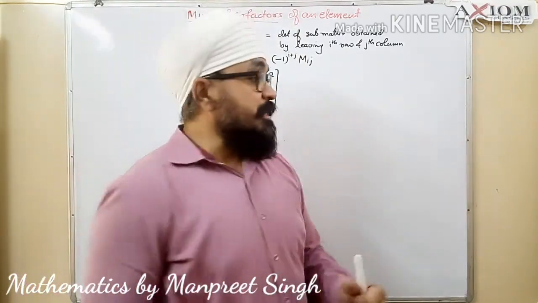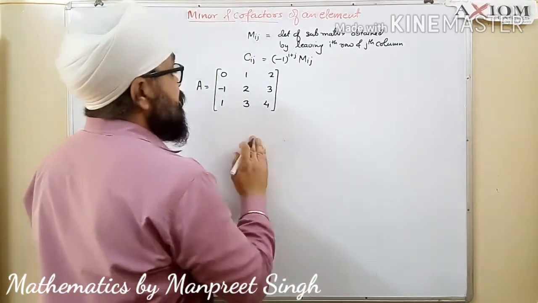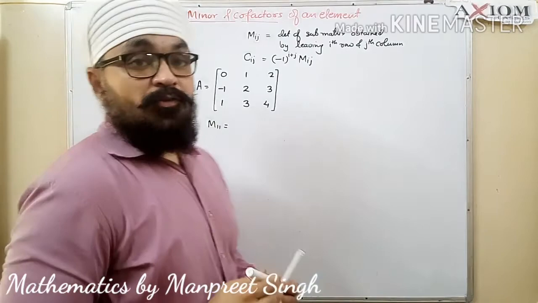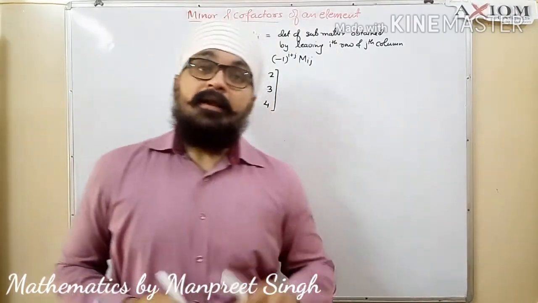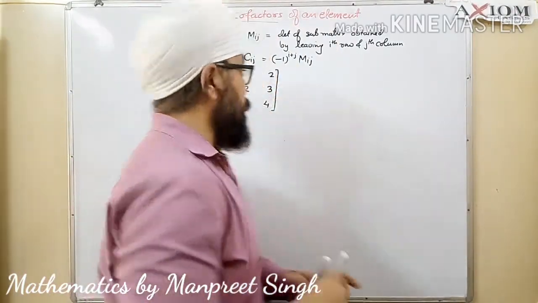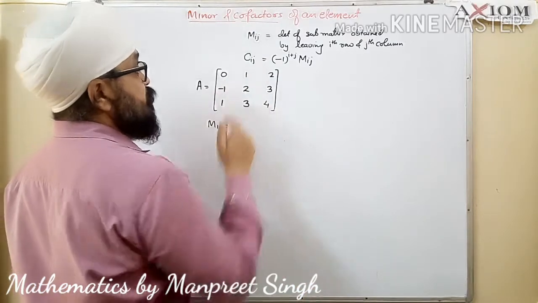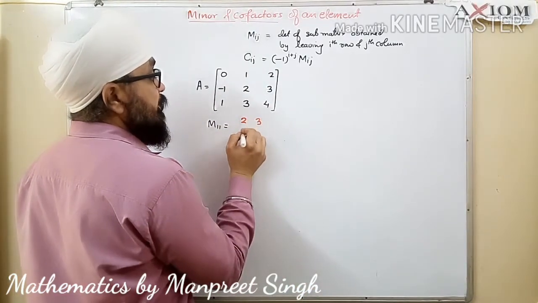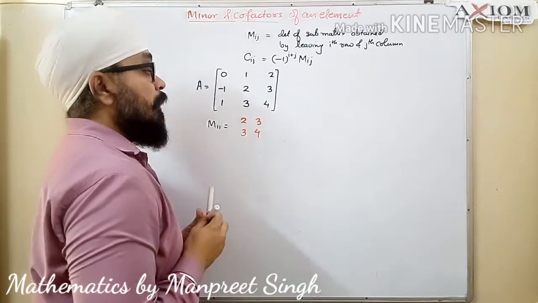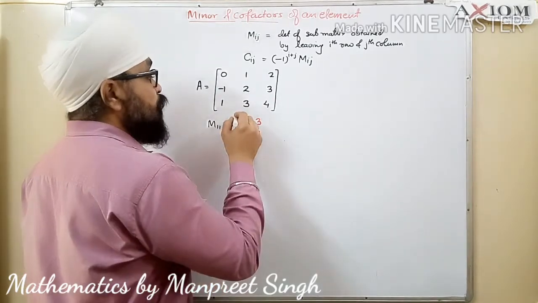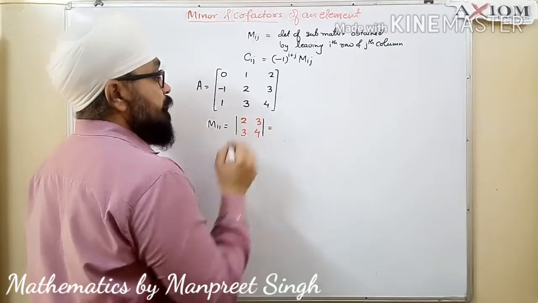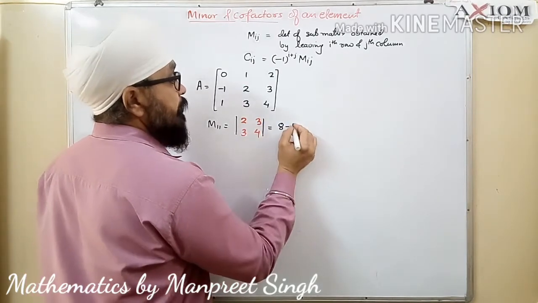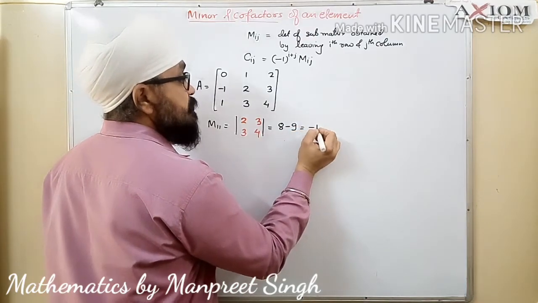Now when we take this particular matrix, let us find the minor. If I go with M11, it means first row, first column, leave that first row and first column. If you leave the first row and first column, the submatrix that we will get is 2, 3, 3, 4. Now this is the submatrix and we have to find its determinant. So determinant means this will become 8 minus 3 into 3, 9, which is minus 1.